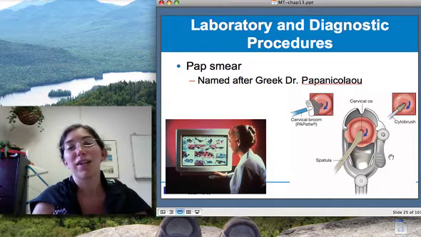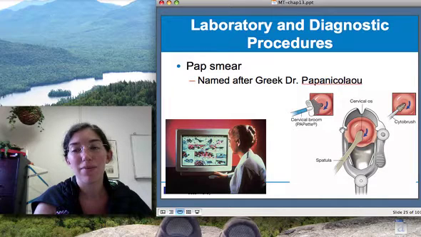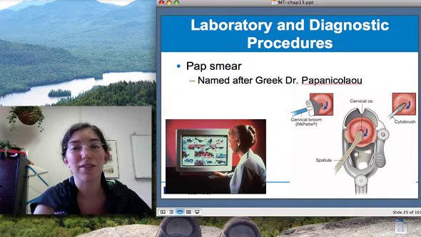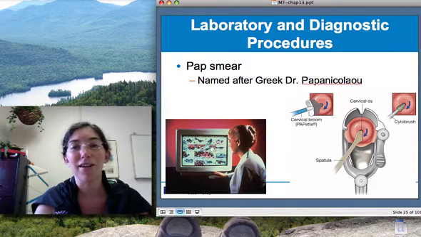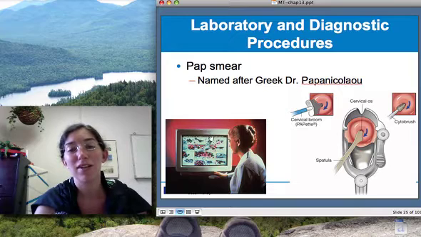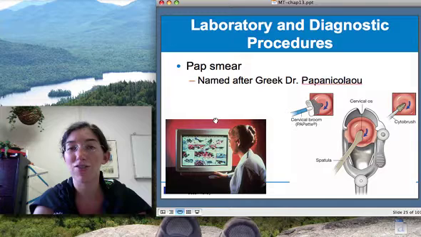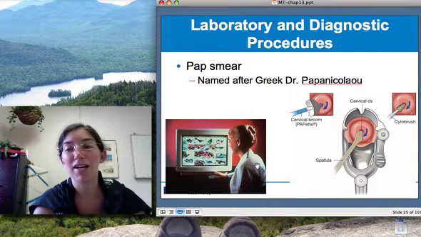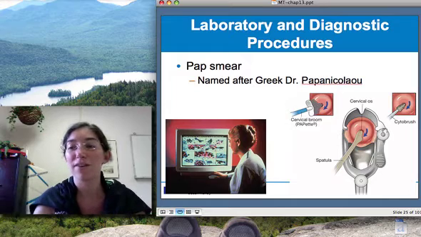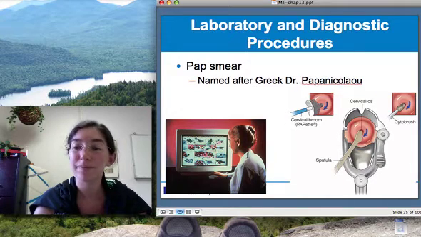And then there's usually a couple of different types of brushes that they swipe the cervix to get a sample of the cells, that they then put on a slide and stain a certain way, and a histology technician who knows how to look for cervical dysplasia and abnormal cells in the cervix will look at all these slides and tell you whether your cells are normal or abnormal.